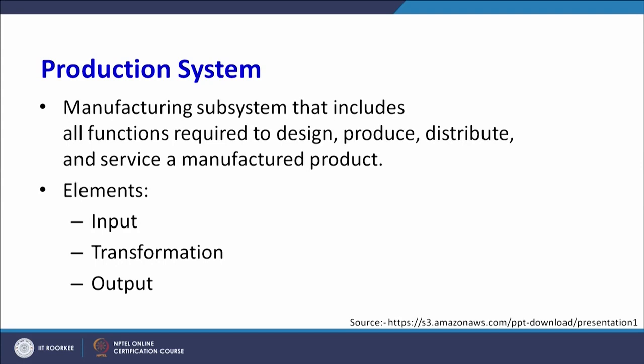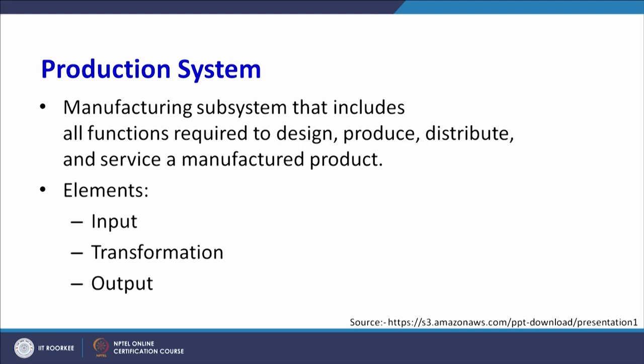Now production system, just for definition, is a manufacturing subsystem. Manufacturing is on a broader perspective, and production is a subset, or a subsystem, of the overall manufacturing activity.